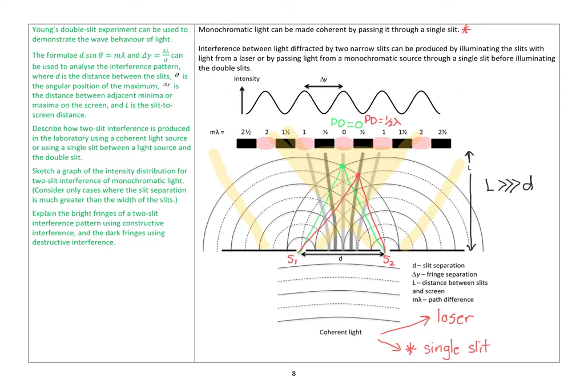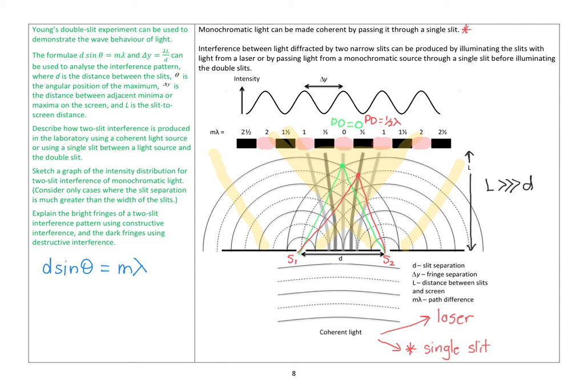Now, previously we used to have to derive these relationships. We don't need to derive them anymore. But what you do need to know to analyse these, and we're going to do a question on this in a minute, is that the two main relationships are d sine theta equals m lambda.